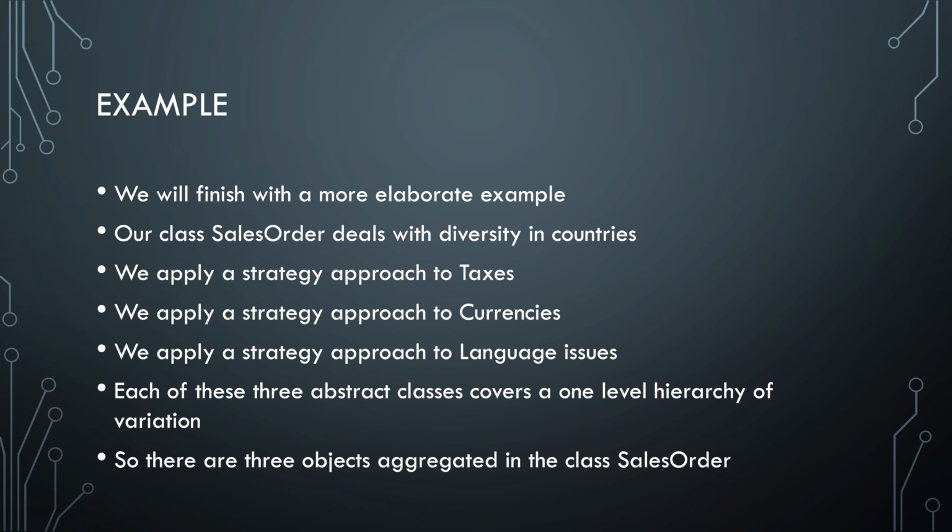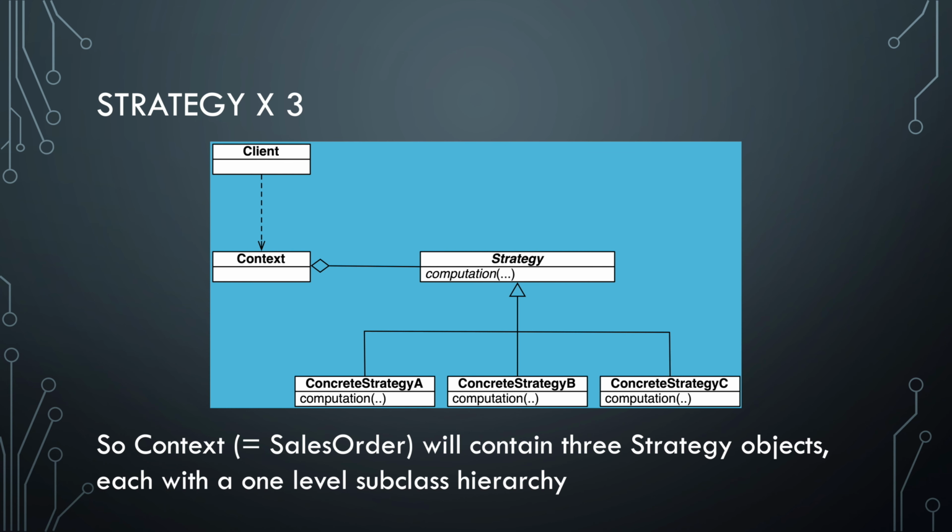One for tax, one for currency, one for language. So, the context class, which is sales order in our example, will contain 3 different strategy objects: taxes, currencies, and language. Each of these different strategy types has an abstract class that defines the interface, and specific subclasses, the concrete strategies, that contain the actual implementations.